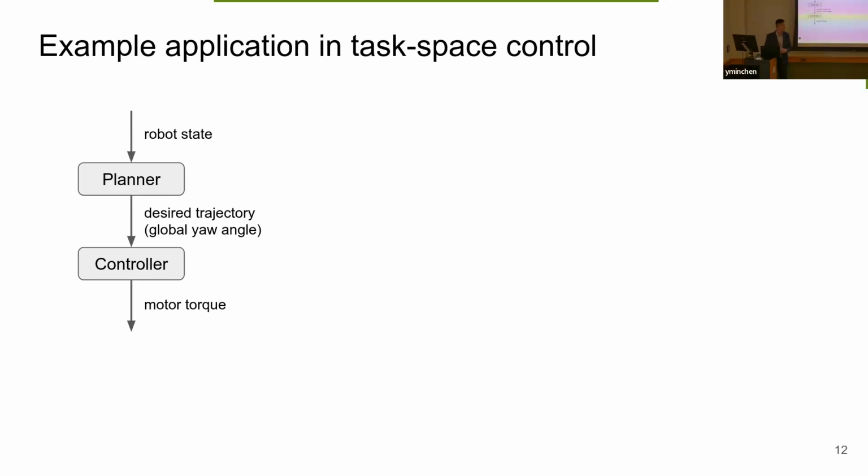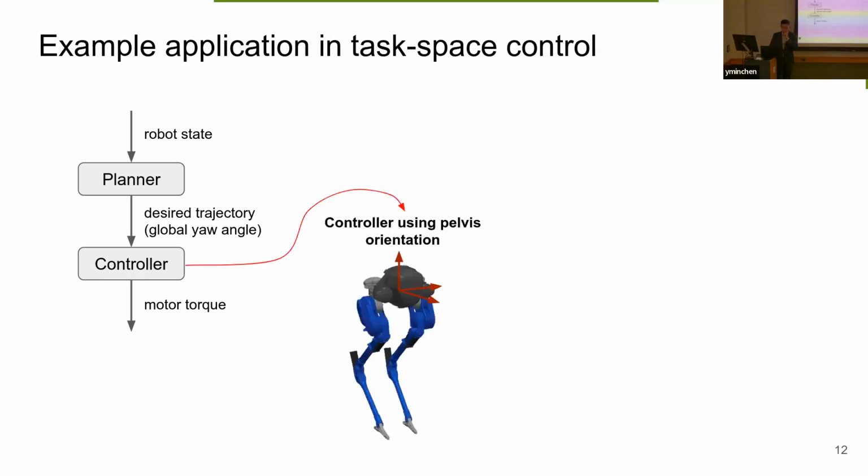In this example, I want Cassie, the robot Cassie, to follow a global yaw angle, which gradually turns 90 degrees over time. So one way to do this is to track this trajectory using the pelvis orientation. If we want to pick a link, pelvis seems like it's the best link to track this.